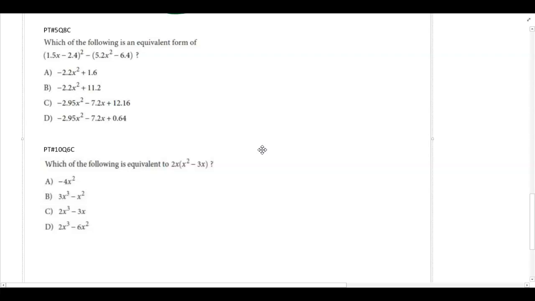The next one is a calculator problem, and it probably benefits you to use the calculator. If you notice, they're squaring this binomial first.